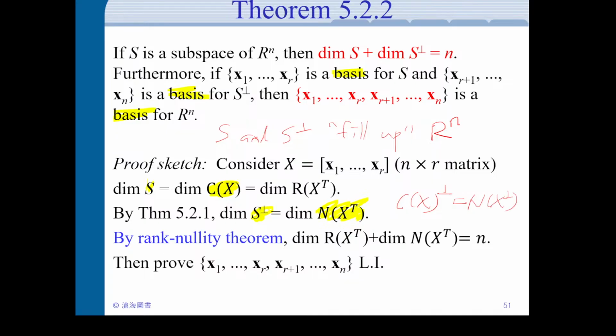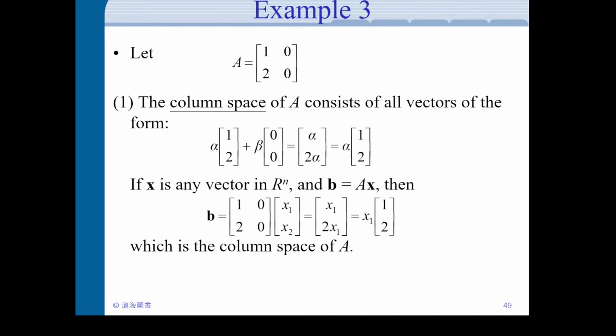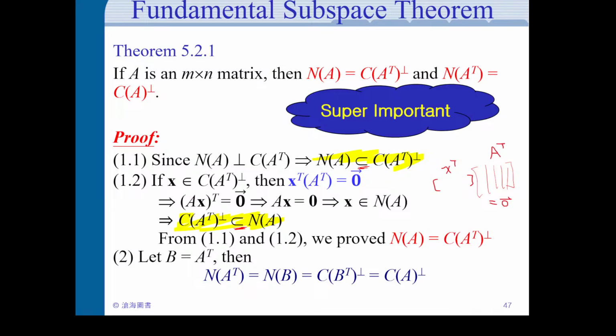This is the less obvious example of this theorem. We say the null space is equal to the complement of the row space, and we take a transpose. Then we have the null space of A transpose is the complement of the column space.